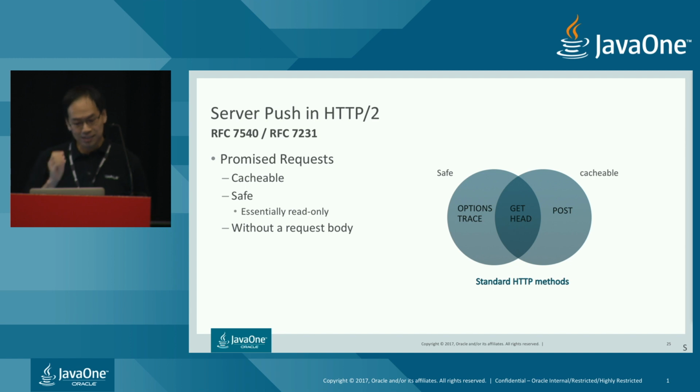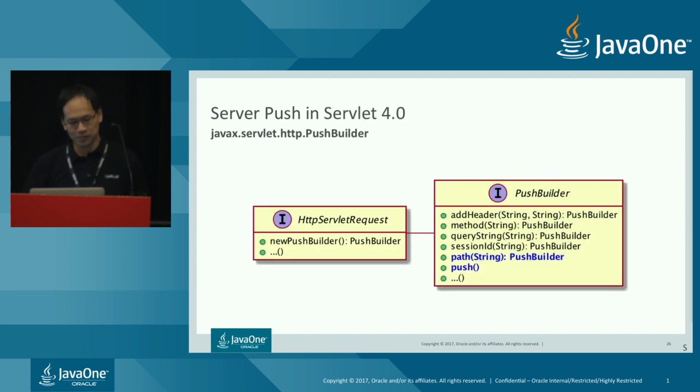Now, let's take a look at what we have done in the Servlet API. As I mentioned before, the data that we push across the wire corresponds to an HTTP request. So we have an API called PushBuilder, which is basically to construct the corresponding HTTP request.